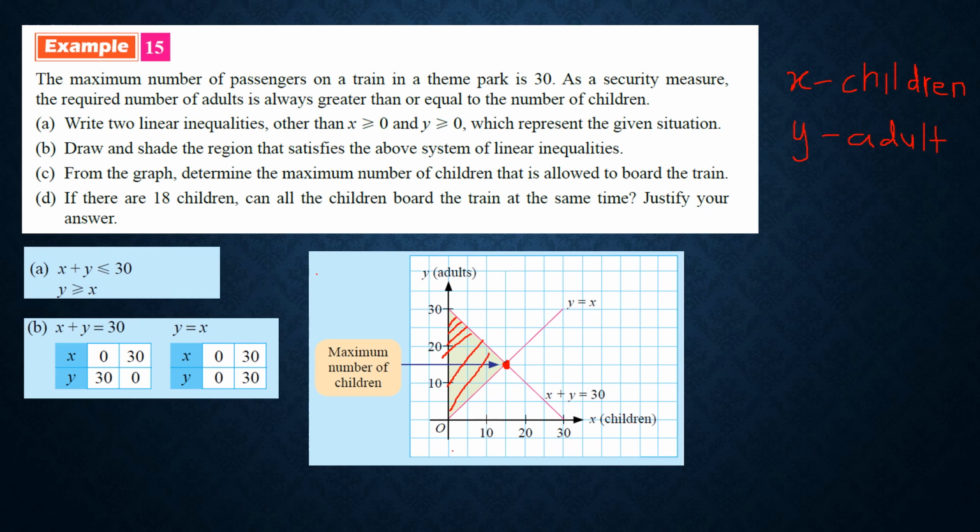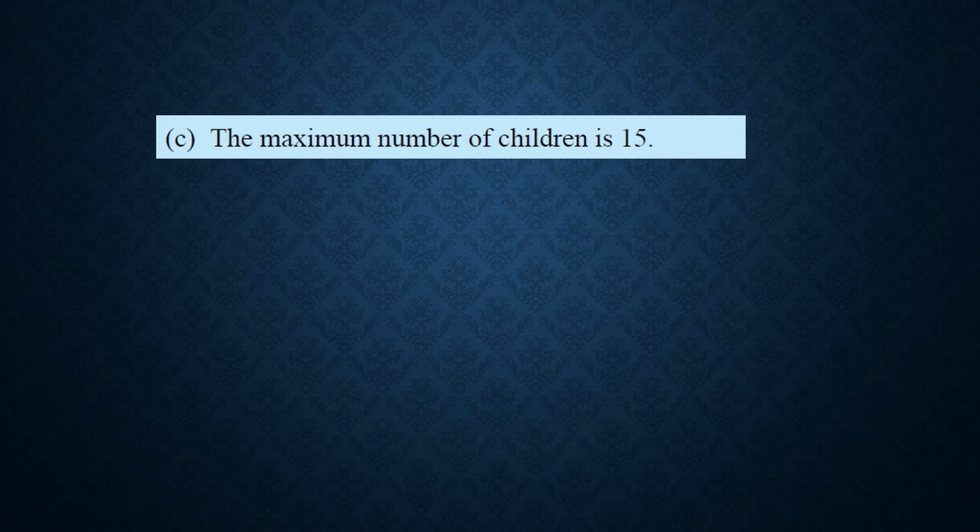That means from 0 until where the region ends. From 0, it ends here. So it is 15. The maximum number of children is 15.